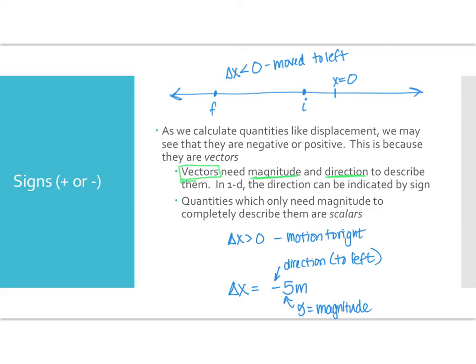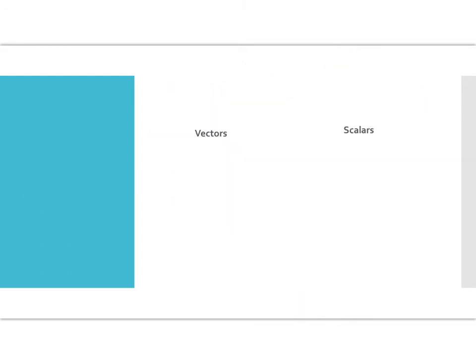Now, sometimes there are quantities that only need a magnitude to describe them, and those are called scalars. We don't get into vectors until the next chapter that we cover, but just for example, quantities that are vector quantities, which have a direction, would be, of course, displacement, velocity, acceleration.